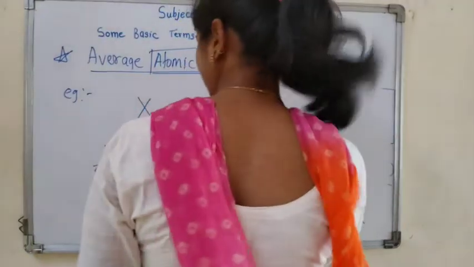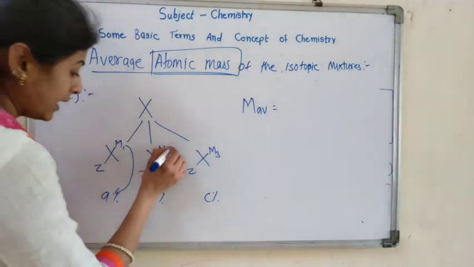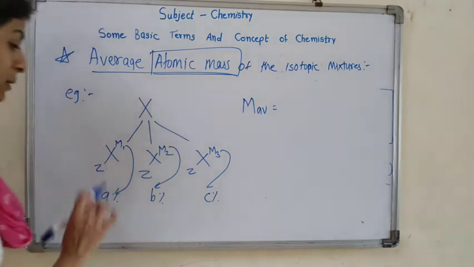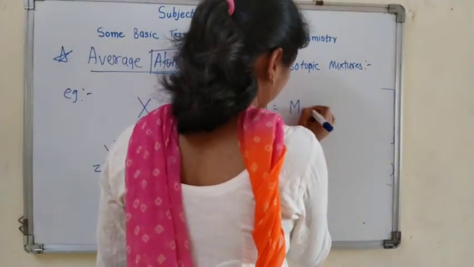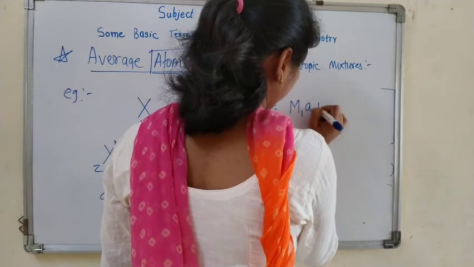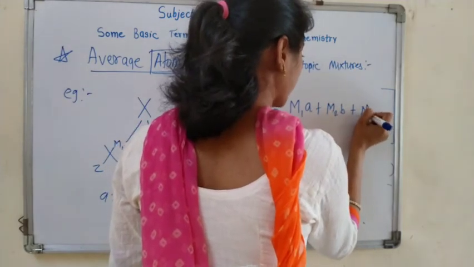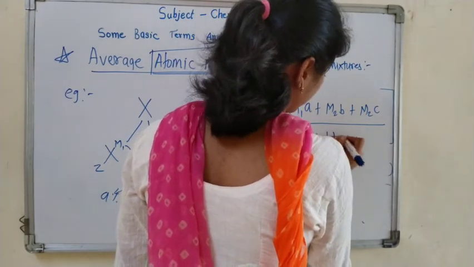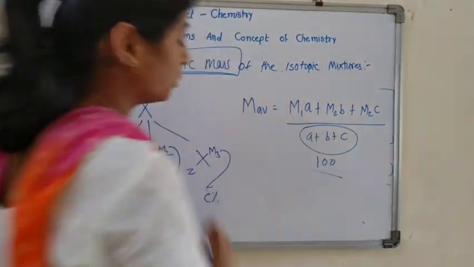It will be equal to (M1A + M2B + M3C) whole divided by (A + B + C). This will always be equal to 100.